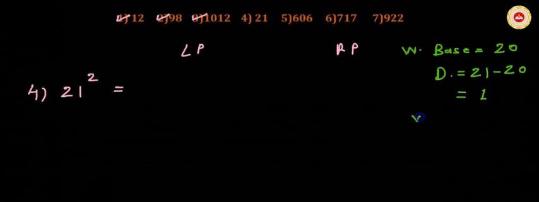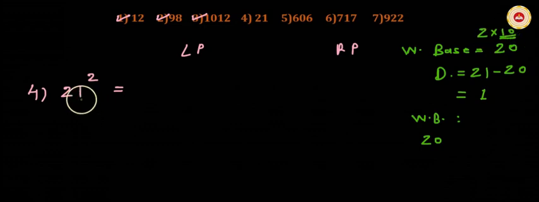What is the working base? Working base is 20. We are going to find the ratio of working base to real base. What is the real base? 20 is 2 multiple of 10. It means 10 is the real base.